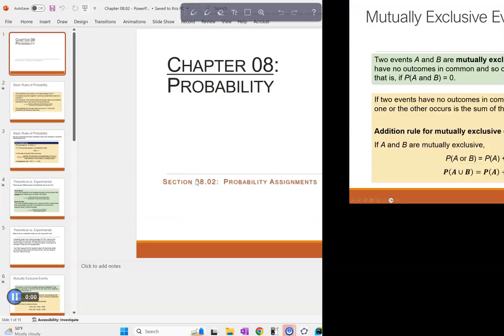So if 2 events have no outcomes in common, the probability that one event or the other occurs is the sum of their individual probabilities. So notice that this is the or situation as opposed to the and. If you're looking at probability of A or B, and these are mutually exclusive events, then the probability is just going to be the probability of A plus the probability of B. Remember, or and union mean the same thing.